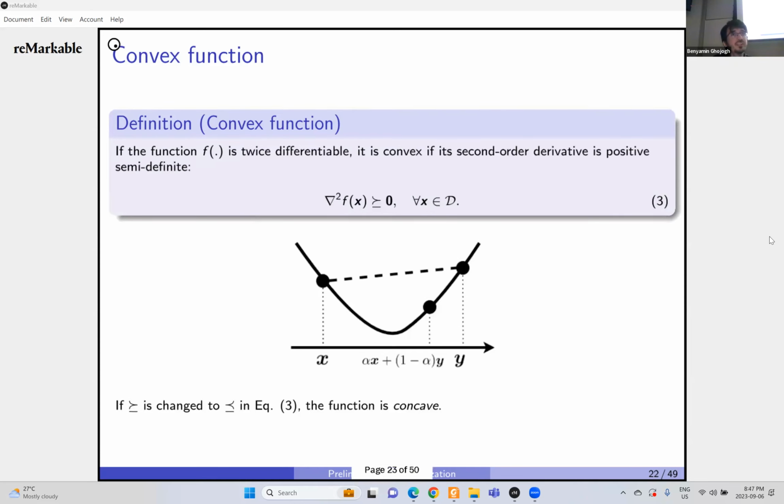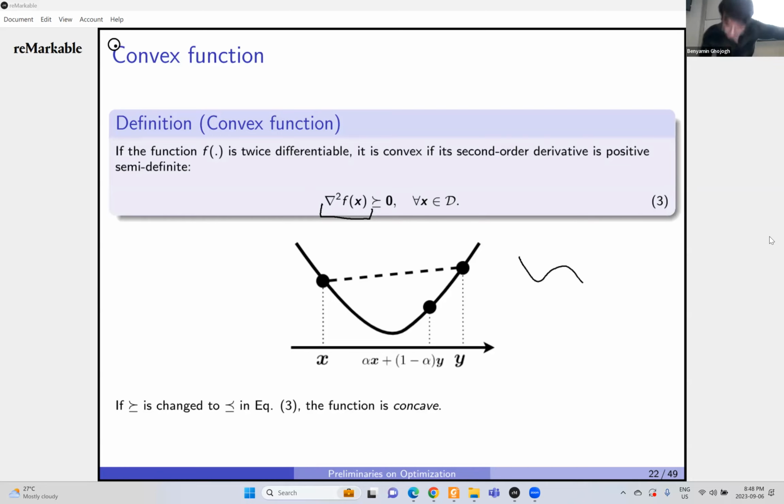A third definition of a convex function is this. When you can calculate the second derivative, it should be facing up. Do you remember, several minutes ago before the break, I said the second derivative tells where the ball is facing, upwards or downwards.